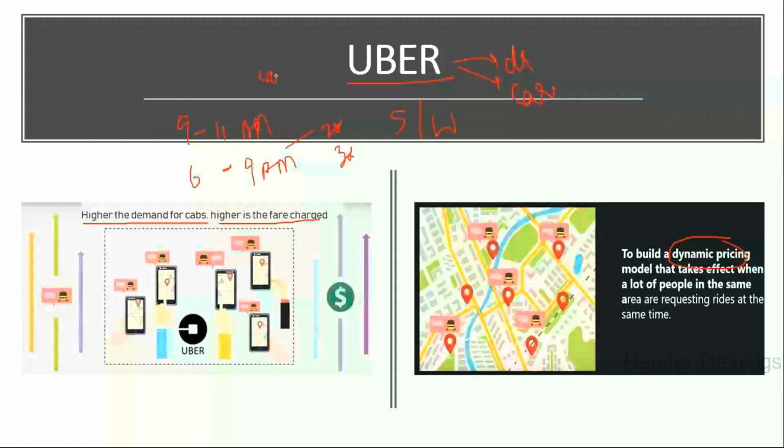Now, to build a dynamic pricing model that takes effect when a lot of people in the same area are requesting rides at the same time for the same cab. If you have a cab here and so many people call the same cab, the more calls you get, the more the price will increase dynamically. Here, dynamic pricing is one of the applications of data science and machine learning used by Uber.